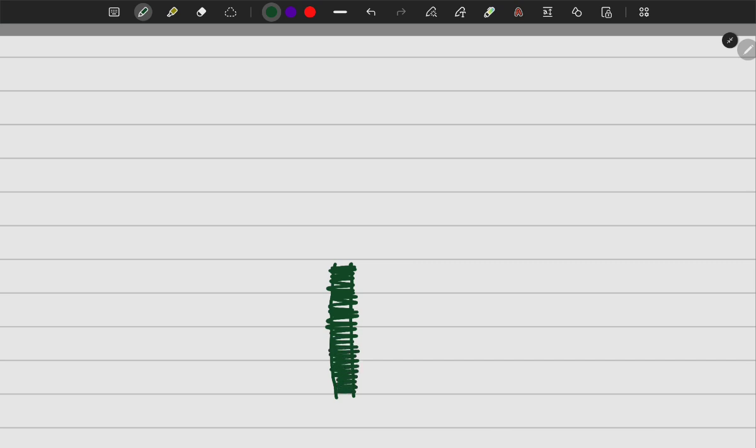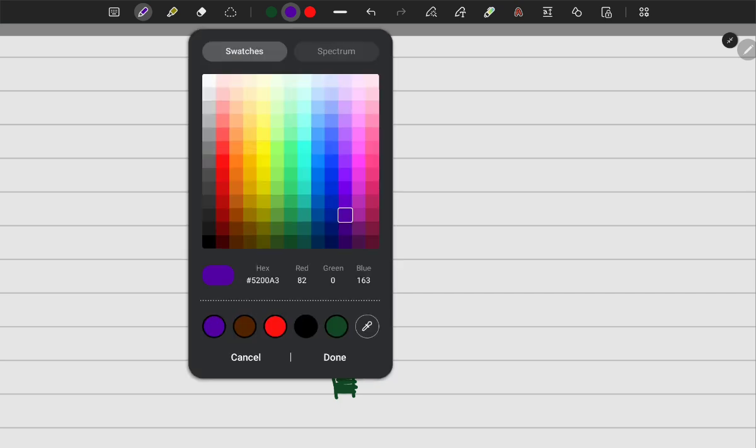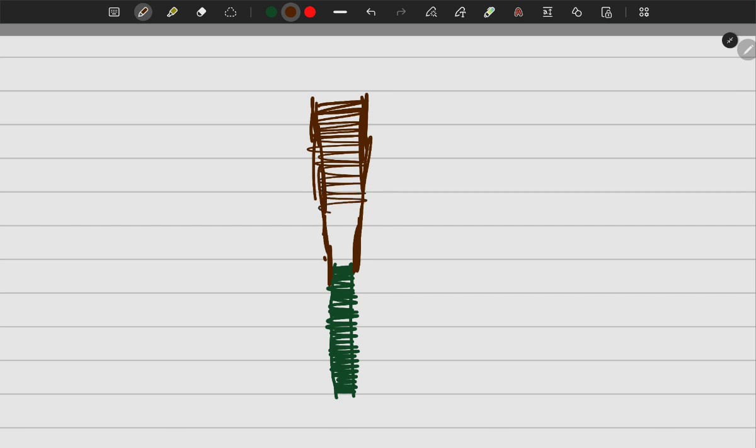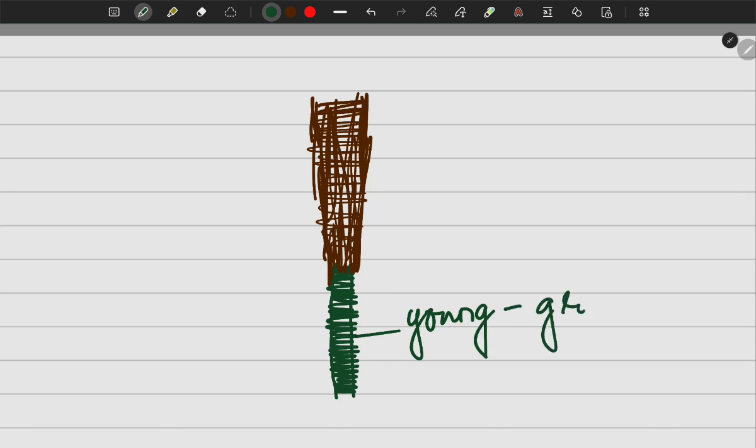But when it grows and ages, it becomes a bit thick, woody and brown. So the young stem is green in color, and the old or the grown one is brown and woody.